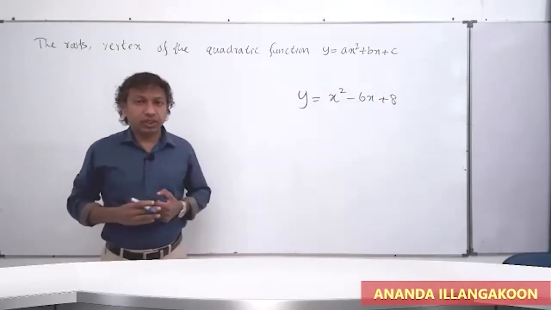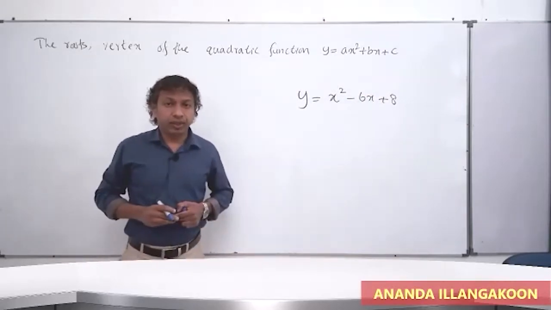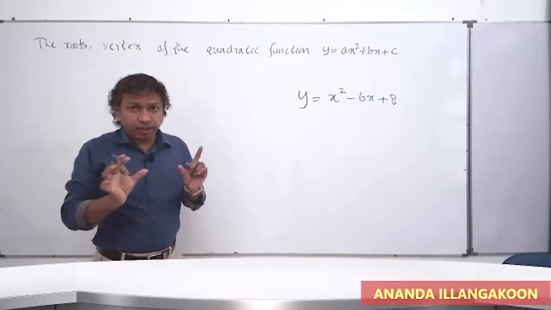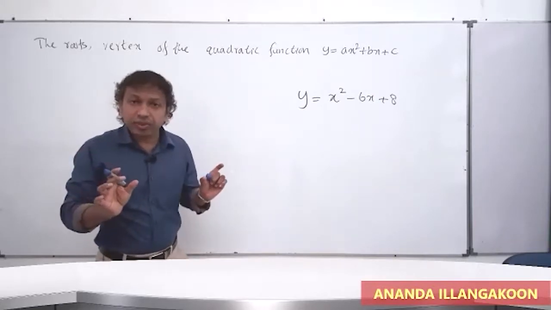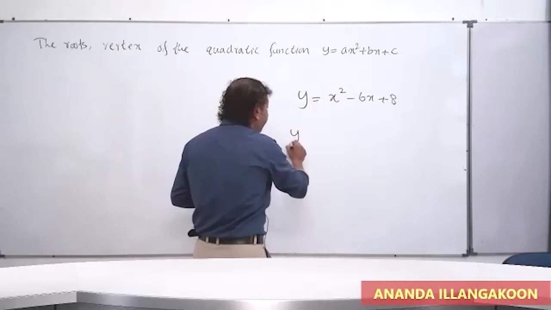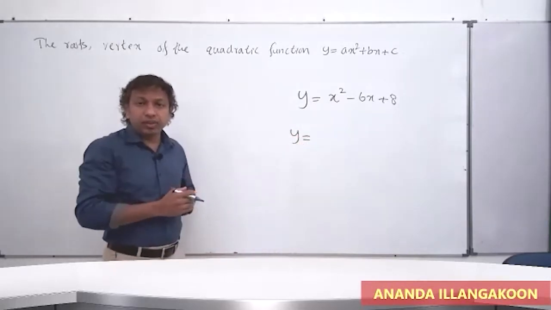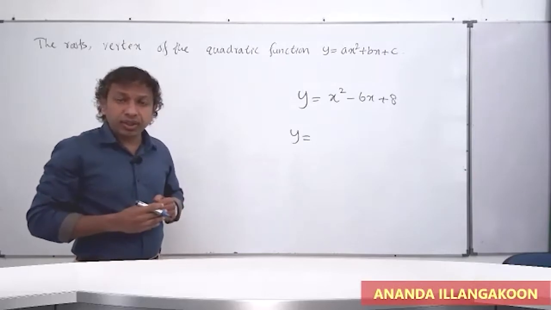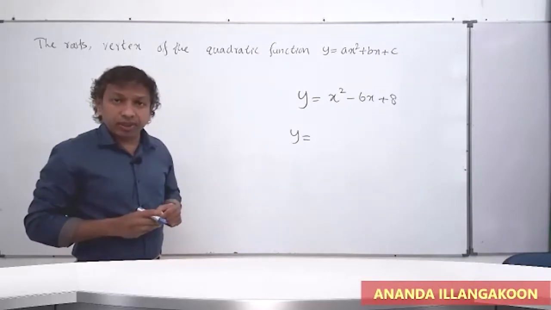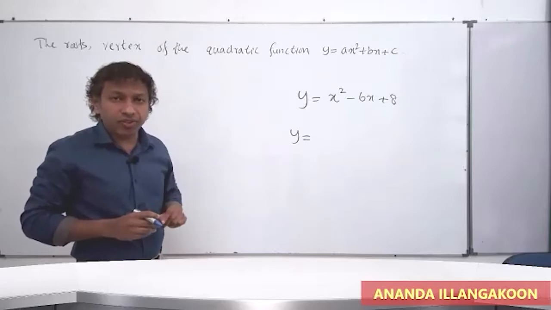We use the completing the square method here to determine the vertex and the roots. What method is it? We have to complete the square on the right hand side. We said before completing the square, the x squared coefficient should be plus 1. At the moment, it's all right, no? The x squared coefficient is plus 1.